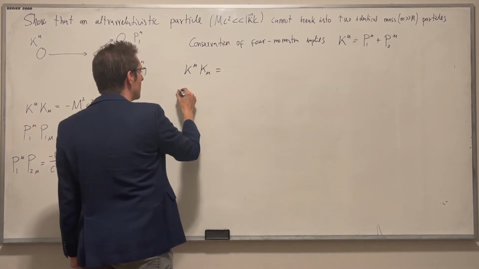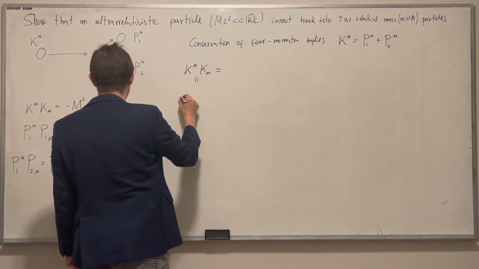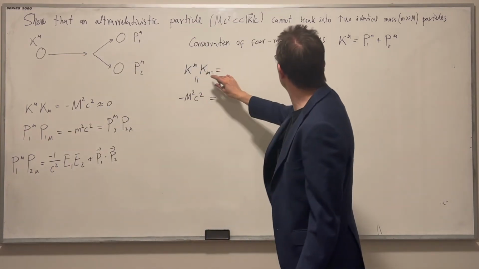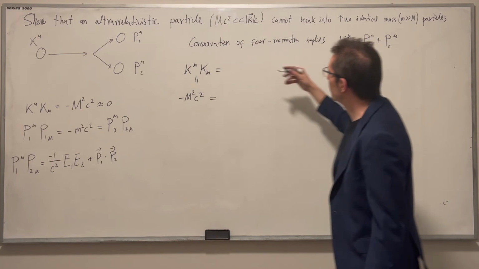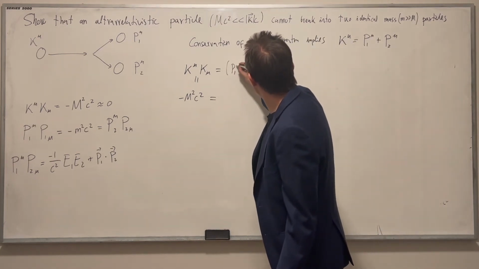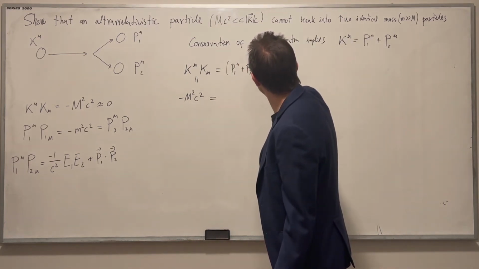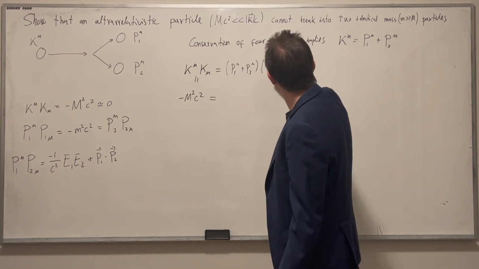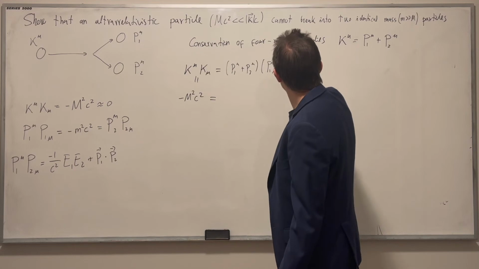And on the right hand side, well, split it in two: this is P1 mu plus P2 mu contracted with P1 mu plus P2 mu.